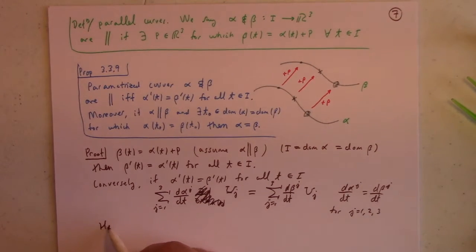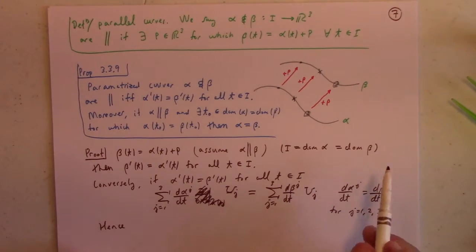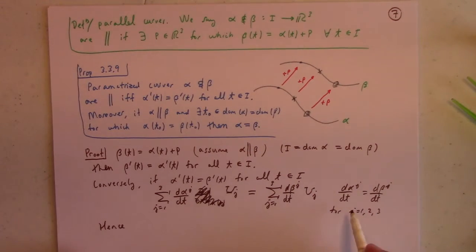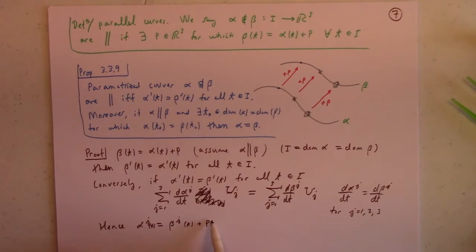Hence, integrating. And we do assume that the domain is an interval, which means that you can integrate and just get one constant. So we get alpha j is equal to beta j of t plus some constant, which I will call p sub j.